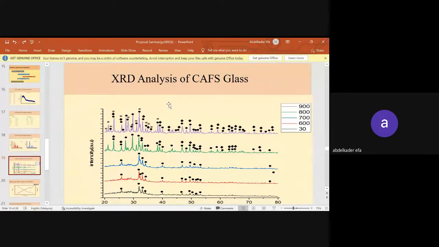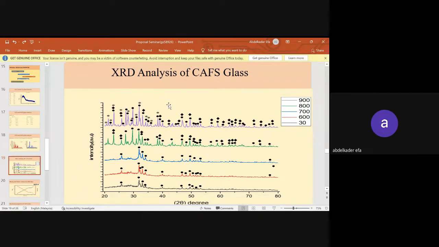For XRD analysis of calcium aluminum fluorosilicate glass, the glass was sintered at different temperatures, starting from 600 until 800. The XRD shows the pattern of calcium aluminum fluorosilicate based glass ceramic with the different sintering temperatures. The glass before sintering shows the presence of fluoroapatite phase in the sample.